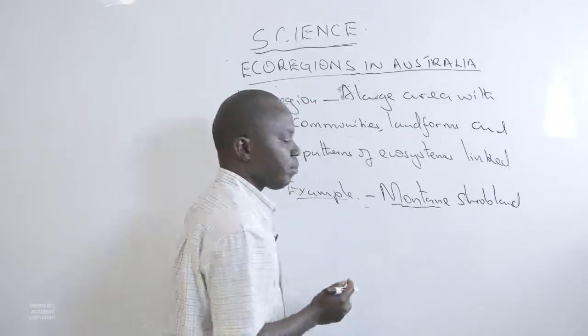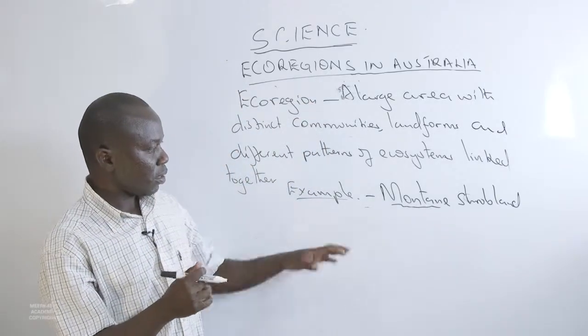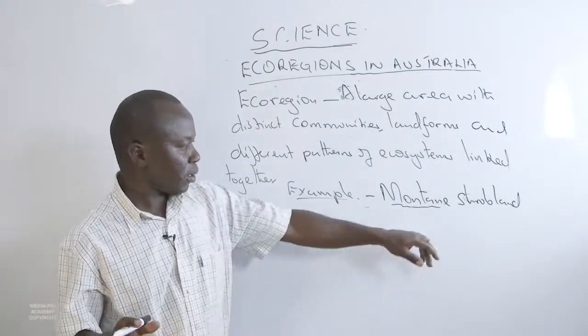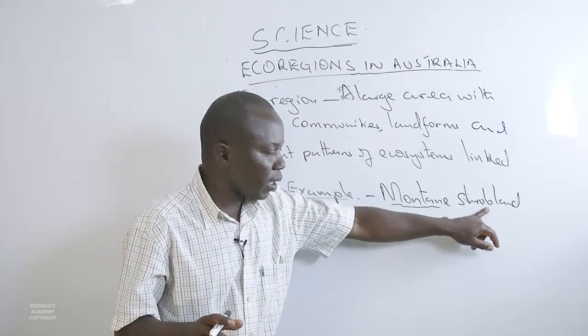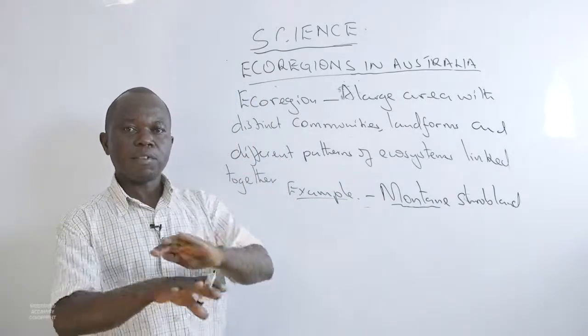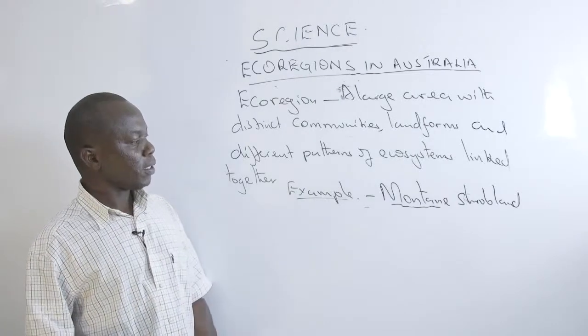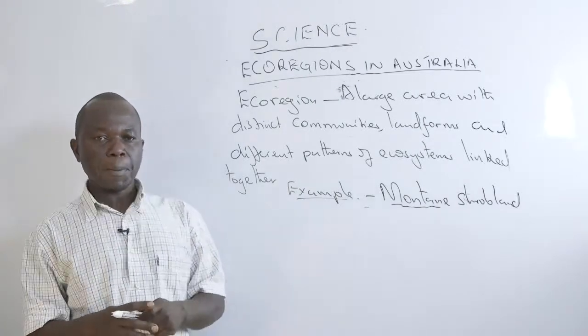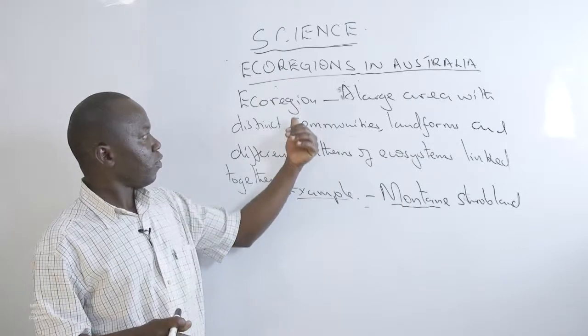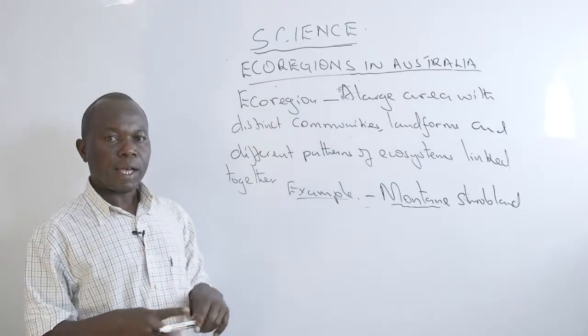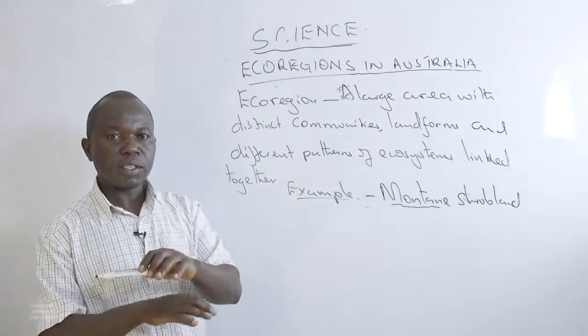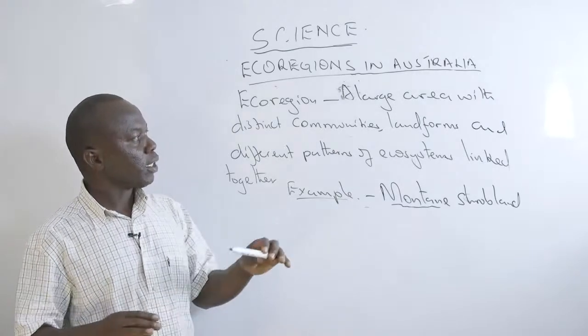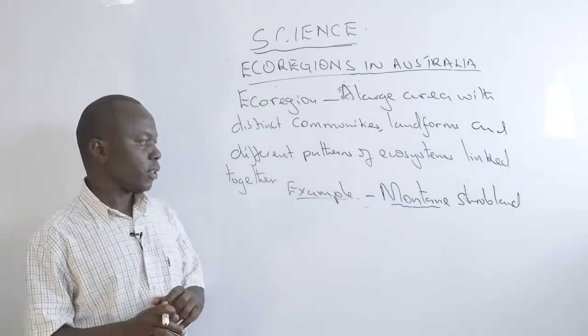So already on the montane region, we have different ecosystems, but together with the shrubland, it becomes a complexity of different ecosystems, forming an ecoregion. An ecoregion, in simple terms, is usually larger than an ecosystem.